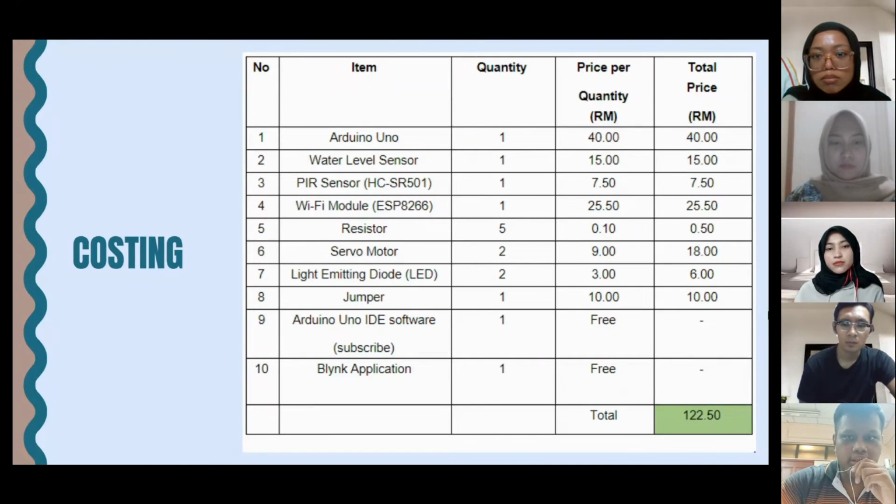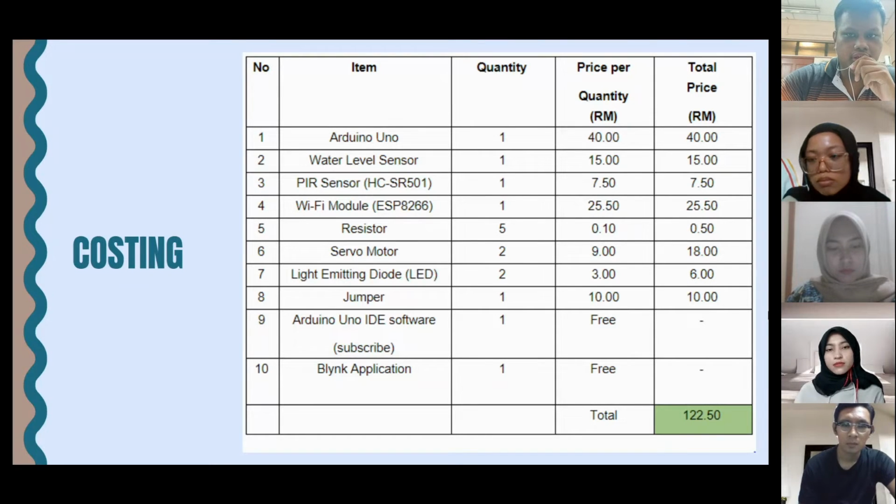Alright, this table shows all the costs for building this system. Most of the items we bought at the electrical store nearby the college. We bought the items based on the circuit that we planned to construct, and then we need to have high engineering skill to troubleshoot in case of component failure or the system failing to perform as set in the system coding.